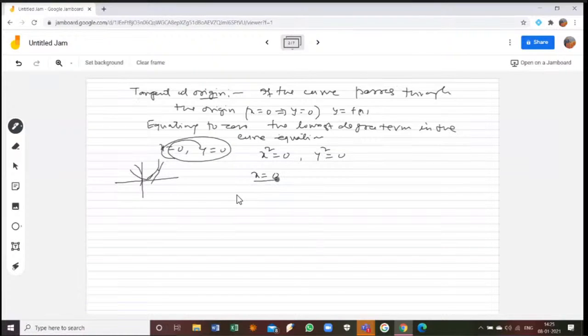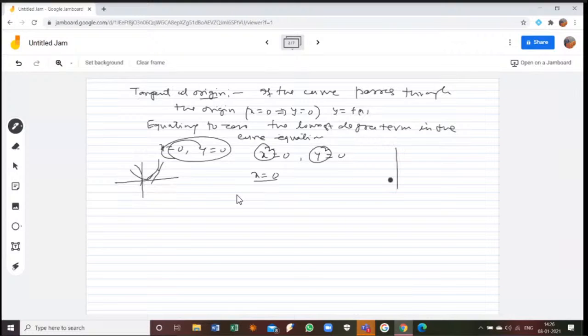Yes, x is equal to 0, but here if x is equal to 0 is the tangent, it means that x square or y square is there. Therefore, there will be branches at the point touching this curve, meaning tangent at x is equal to 0 or y is equal to 0.